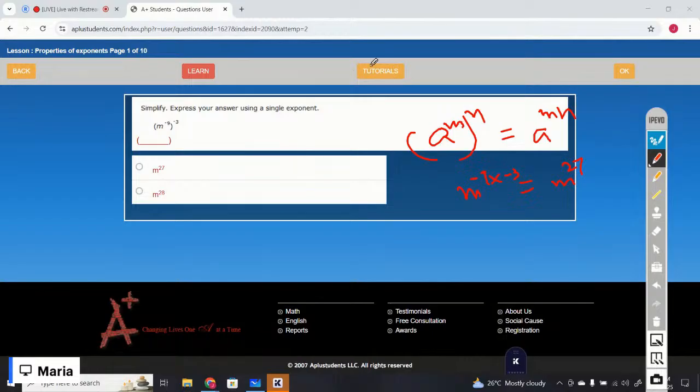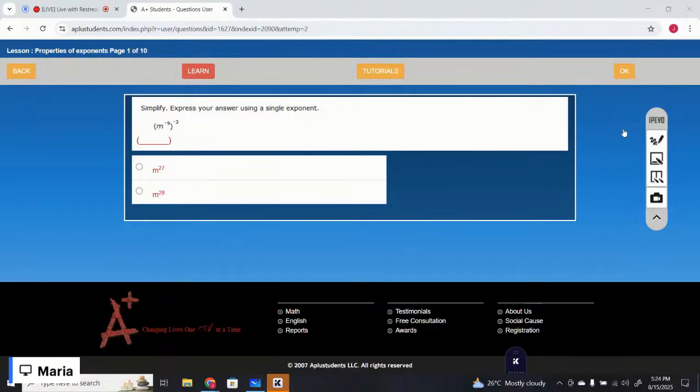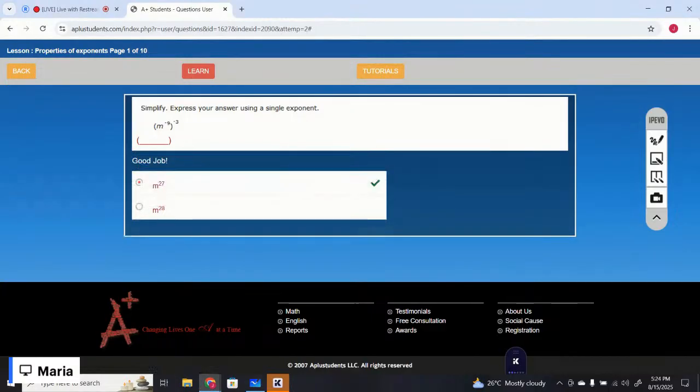Option number 1 is the correct option, that is m exponent 27.